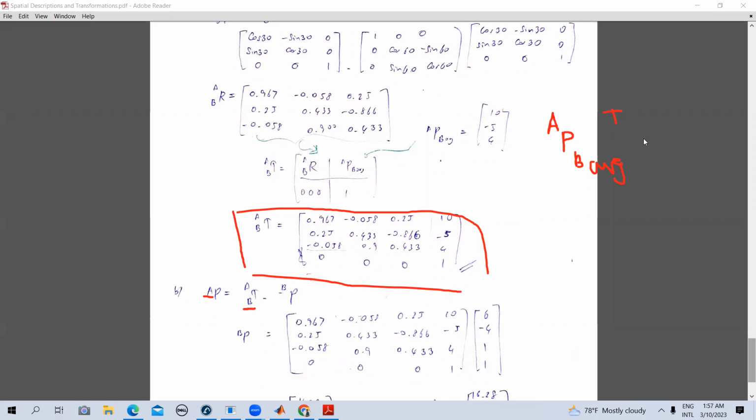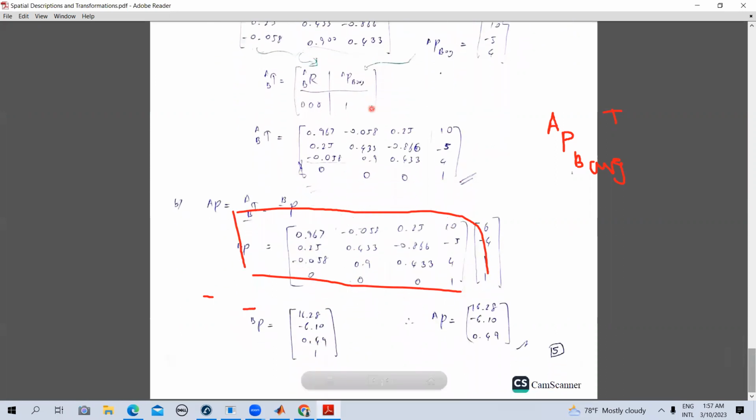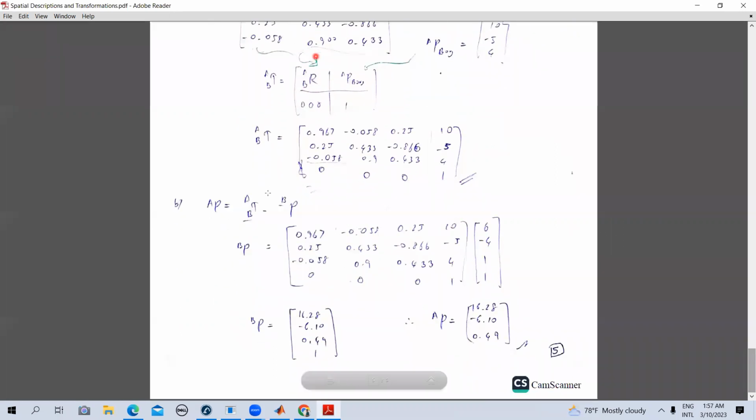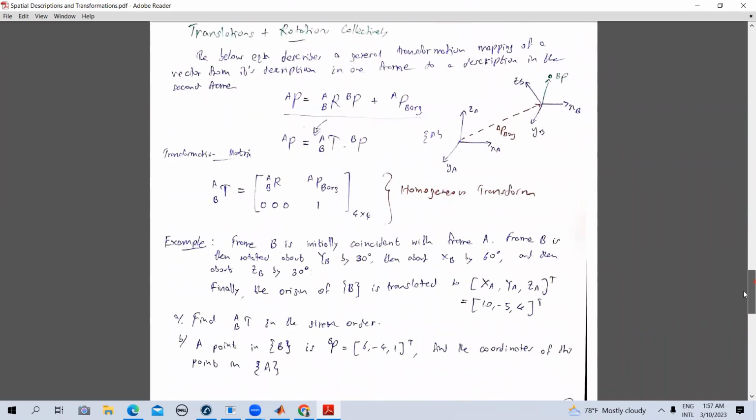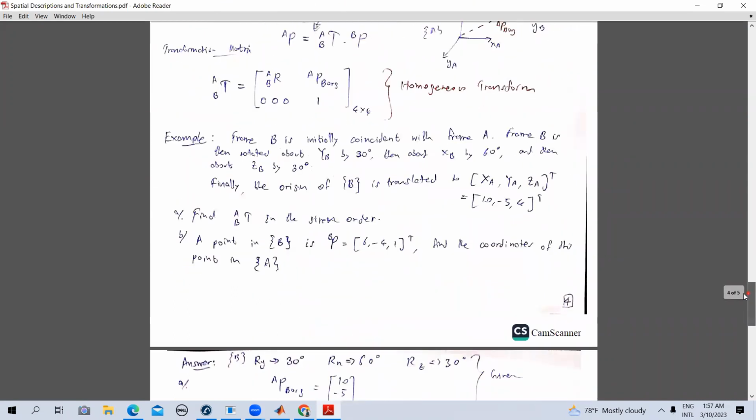So what I have done here is that, since they want to find this particular point in space, they have given that as 6, minus 4. I think these values, just recheck when I'm mentioning. Yeah, 6, minus 4 and 1. This is the point. They want us to find this particular point's coordinates or the position vector with respect to frame A, right?